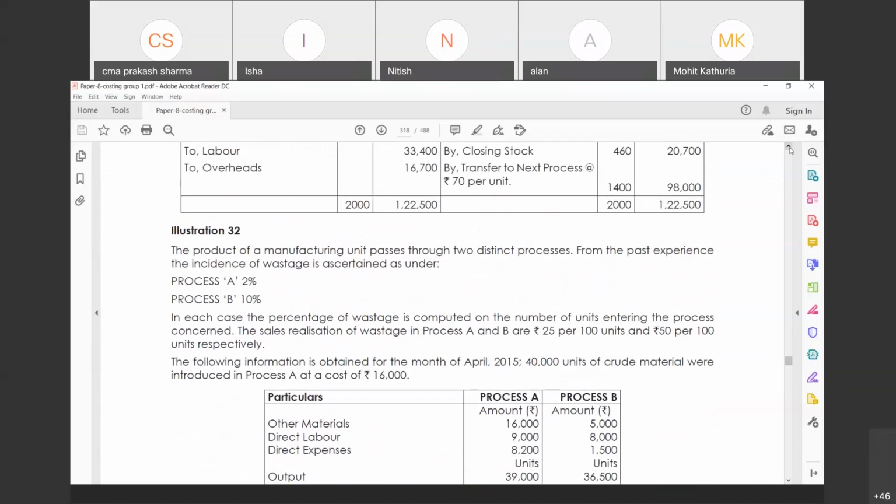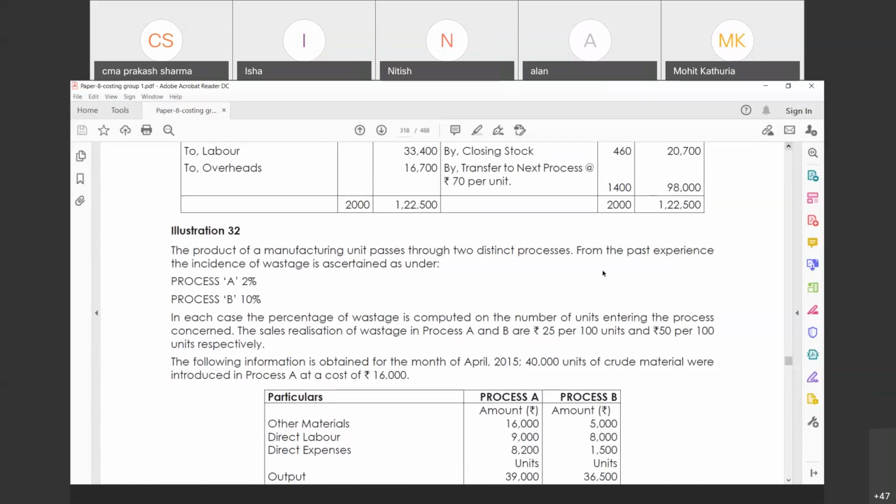Illustration 32 is based on a similar concept, in which whatever output you get from process A is not immediately transferred to the next process. It is first taken into the inventory account. Then from there, you transfer the required input to the next process on weighted average cost method.